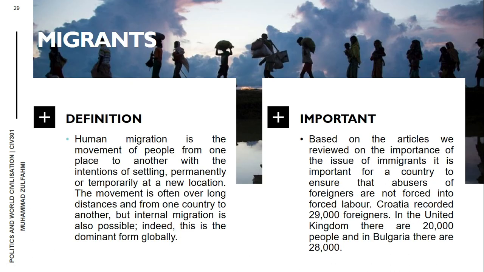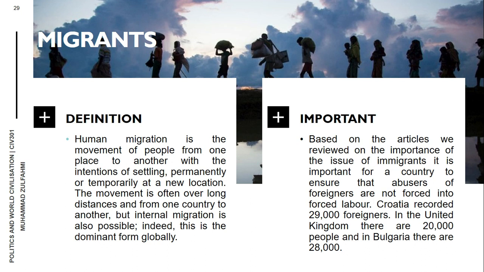Lastly is migrants. Human migration is the movement of people from one place to another with the intention of settling permanently or temporarily at a new location. Based on the article we reviewed, the importance of the issue is that a country must ensure that foreign workers are not forced into forced labor.